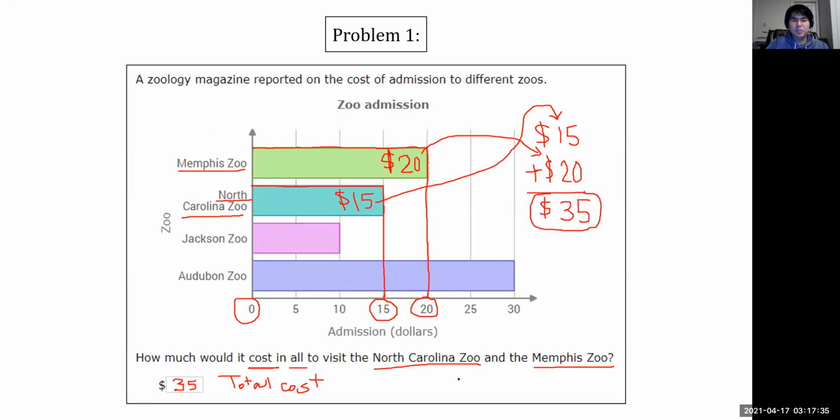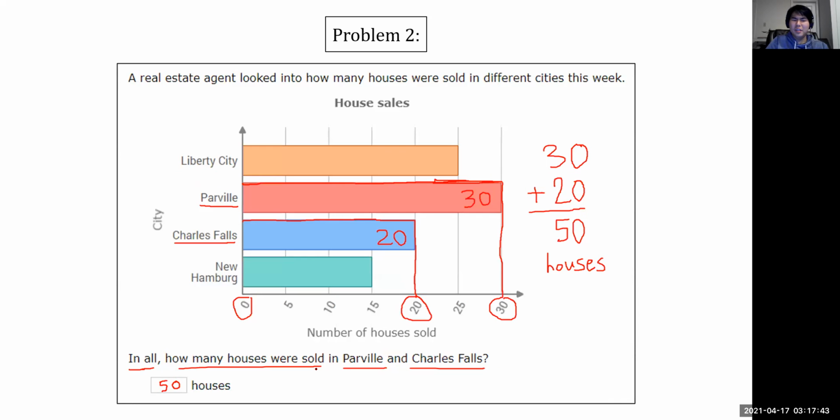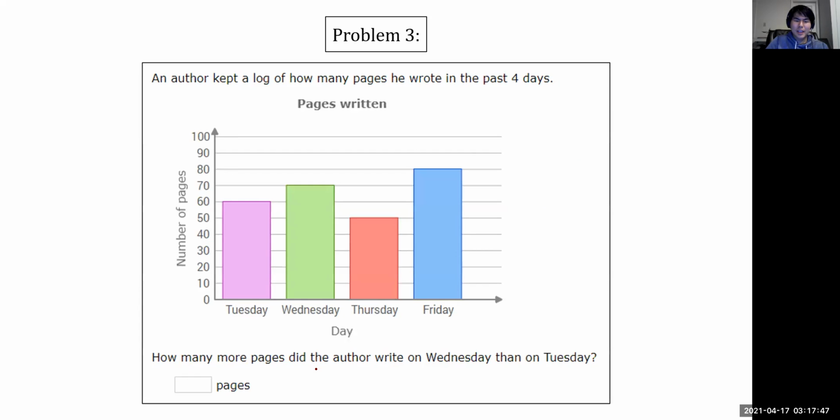Unlike the previous two problems, where it asked us for the total number of something, the cost in all, or how many houses were sold in all, now it's asking us to compare, like, how many more pages were written on this day than the other day. And that is also a problem that is simple enough to solve.